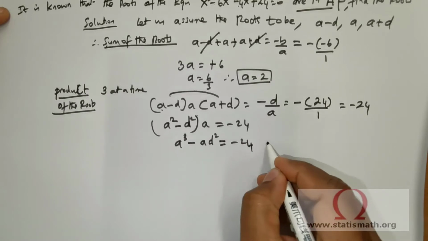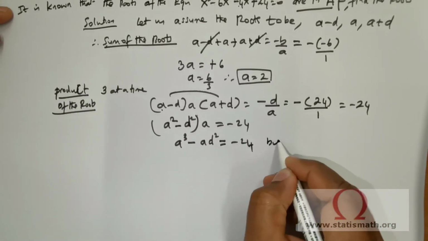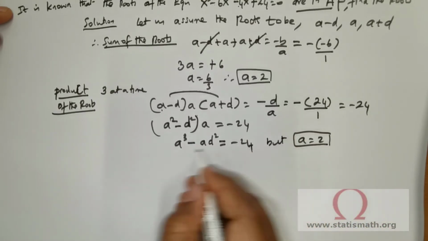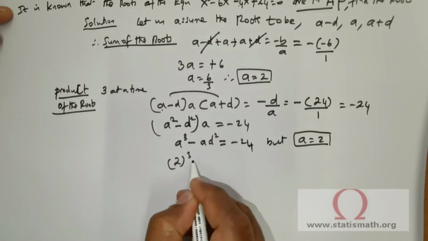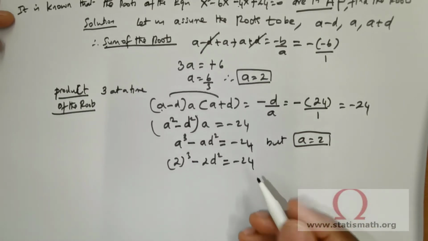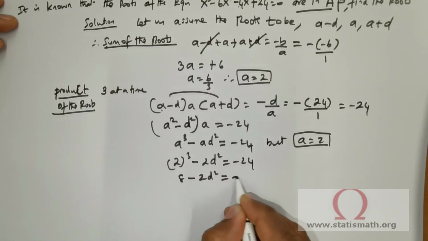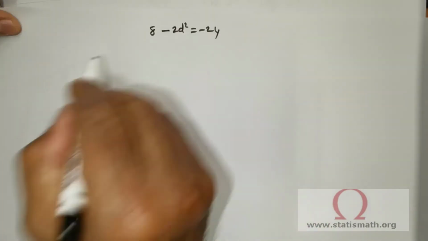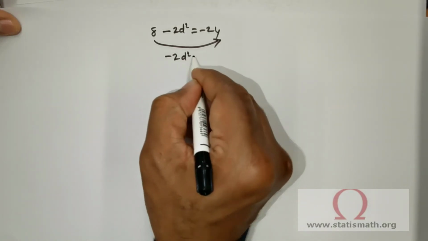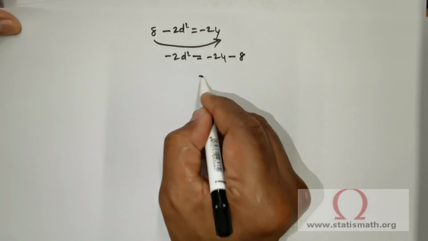But we have got a to be 2. So substituting, this is going to be 2 to the power 3 minus 2 times d squared is equal to negative 24. Okay, so this is 8 minus 2d squared is equal to negative 24. Moving positive 8 to the right, we will get negative 2d squared is equal to negative 24 minus 8.